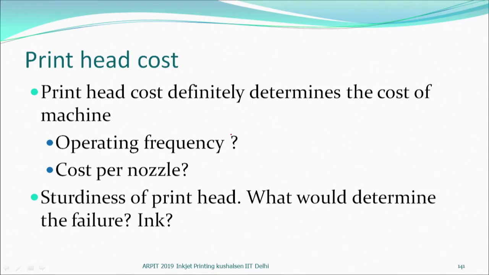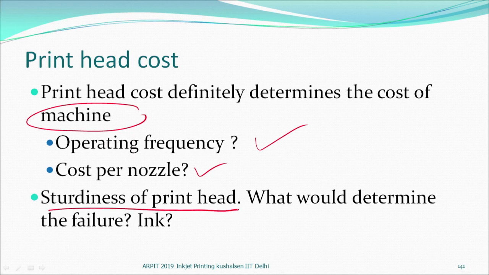The print head cost therefore determines the cost of the machine, the operating frequency, whether it is high or low, the cost per nozzle, which has to be calculated, and the sturdiness of the print head, how much it will fail, what the failure rate is. All that will add to the recurring cost of print head replacement.